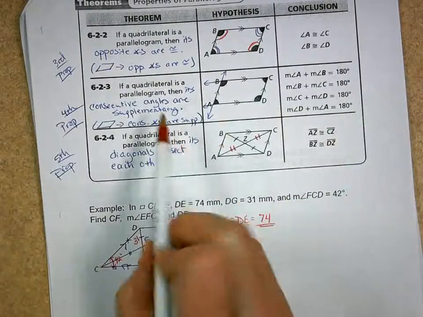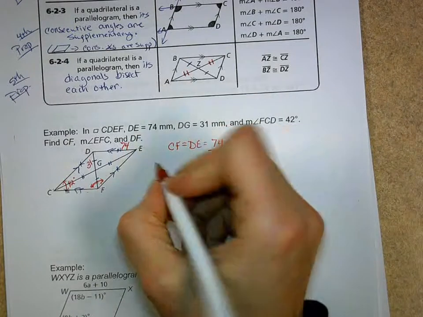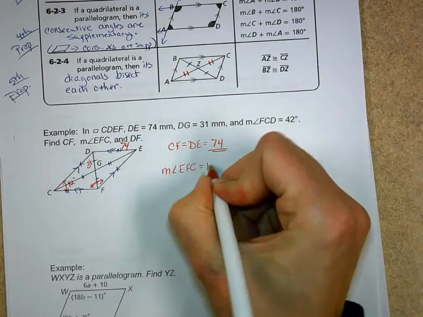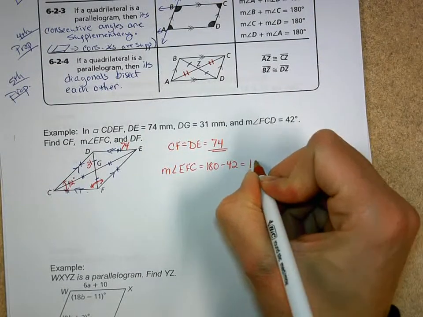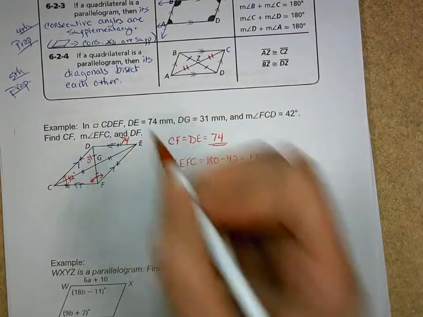Well, what do the consecutive angles tell us? Consecutive angles are supplementary. So I know then the measure of angle EFC is 180 minus 42. So that gives me 138 degrees.